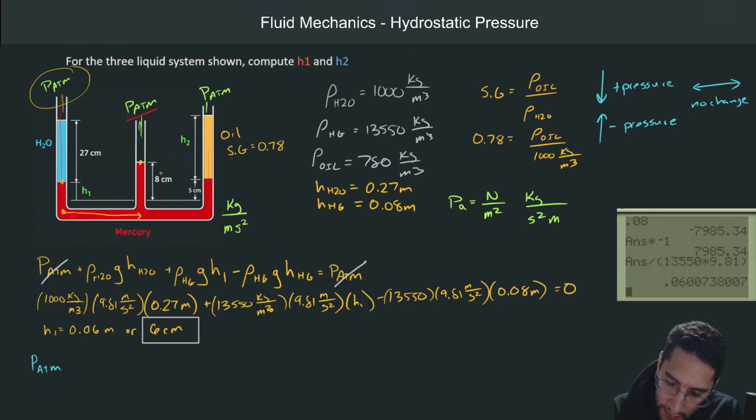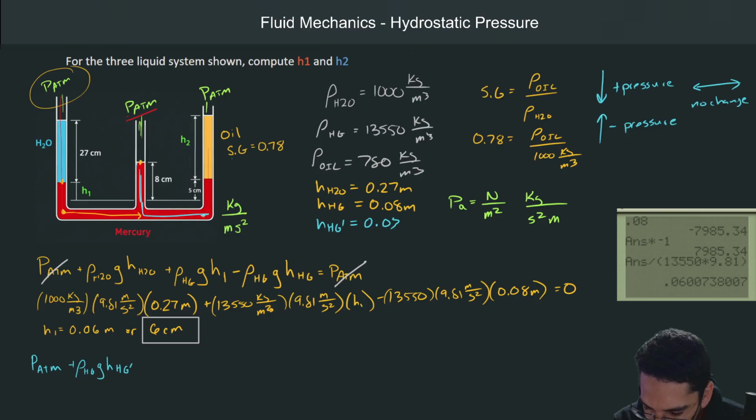I can take advantage of the fact that I have mercury right here, so the only part I need to add is this 3 centimeters. So plus my density of mercury times gravity times the height of mercury prime, which is 0.03.